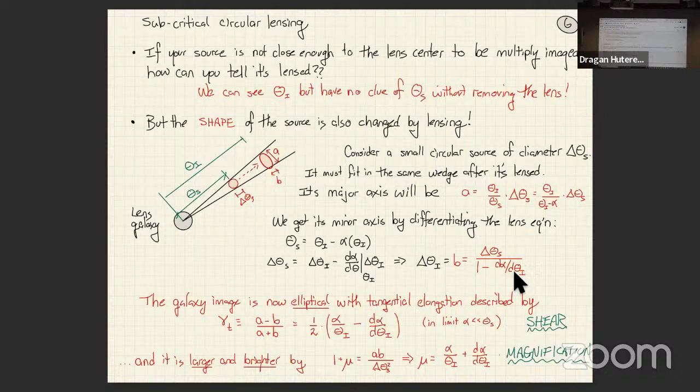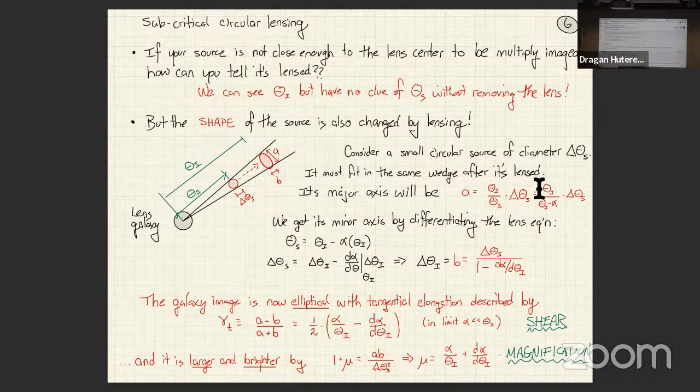Right. Now, what we can do in this particular case is figure out what the ellipticity of this image is going to be. And there are different ways of defining the ellipticity of an ellipse, but I'm going to use for the moment one where we just call it (A minus B) over (A plus B), right? Which, as you can see, is 0 for a circle because A and B are the same, right?